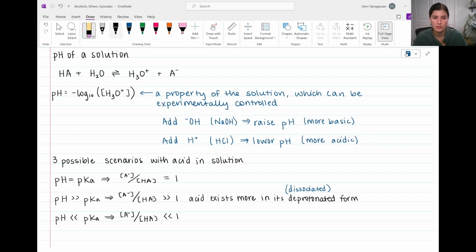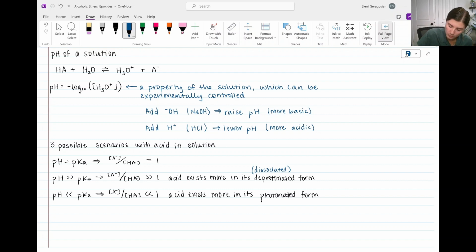We'll have a lower concentration of the dissociated ion, the A-. So we can say the acid exists more so in its protonated form, but protonated just meaning its associated form. It's not getting an additional proton. It's just existing in its neutral form. So a better word for this is associated. The acidic proton is still associated to the rest of the molecule.